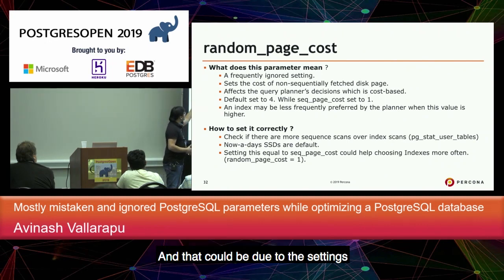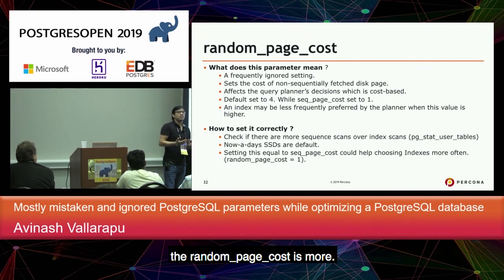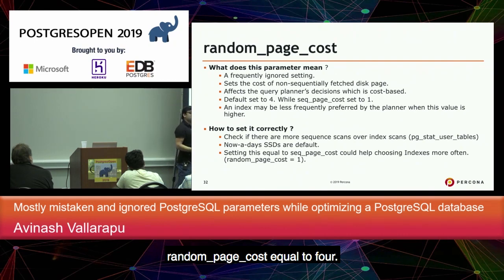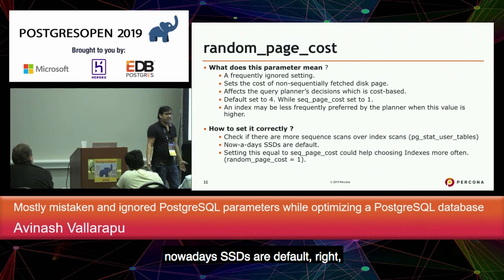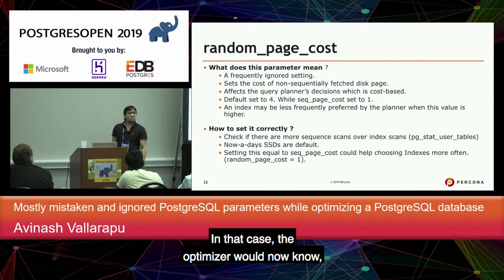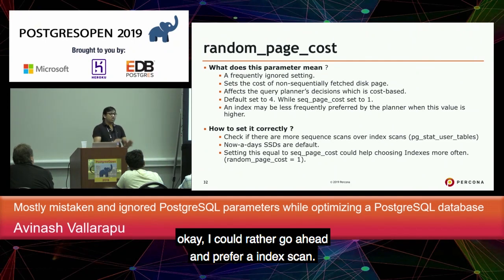And that could be due to these settings, because you're telling it that the random page cost is more. And when the planner prepares the execution plan, because it's a cost-based optimizer, the cost could be higher considering random_page_cost equal to 4. But when you have a faster disk, nowadays SSDs are default, right? You may be able to go ahead and set random_page_cost equal to the seq_page_cost. In that case, the optimizer would now know, okay, I could rather go ahead and prefer an index scan.